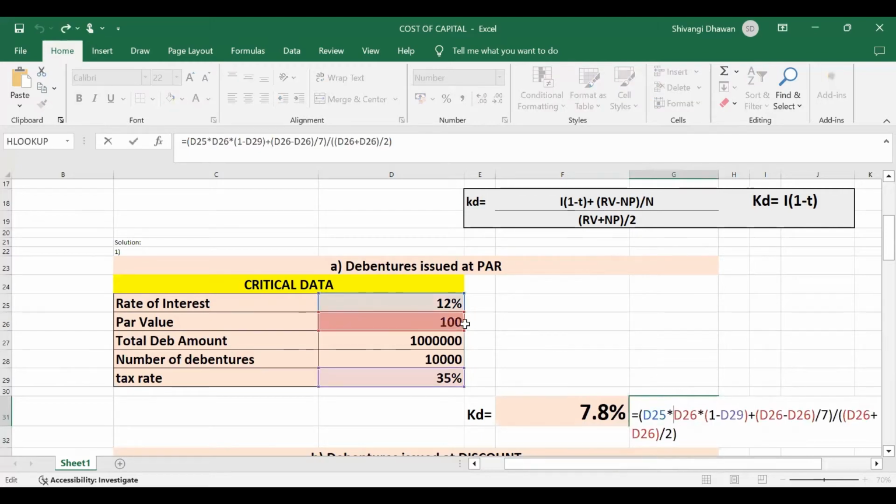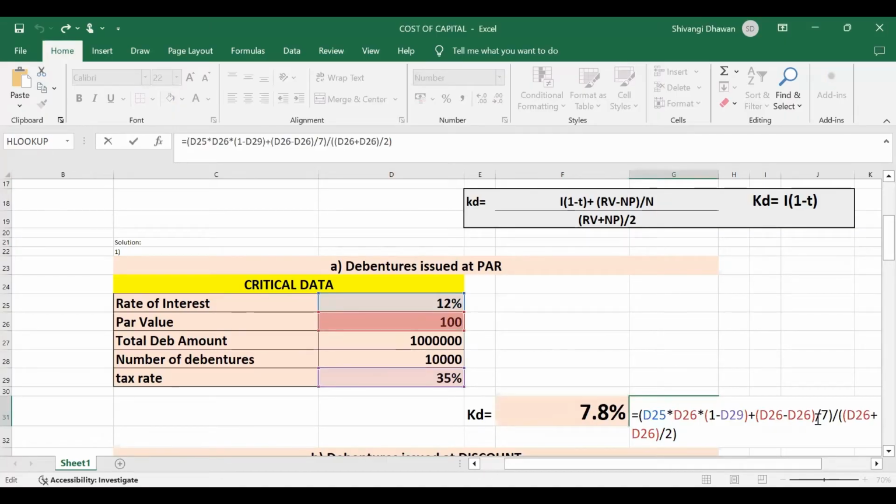So here you can see D25, that is 12%, into 100 will give you the interest amount I, into 1 minus T, that is your tax rate 35%, plus redemption value. Nothing is given to us, so we are assuming we are redeeming it at par.